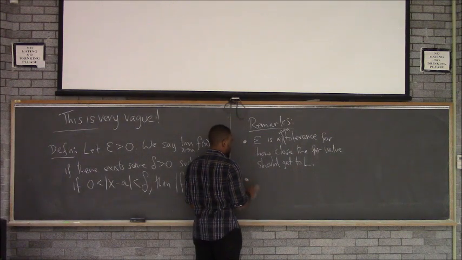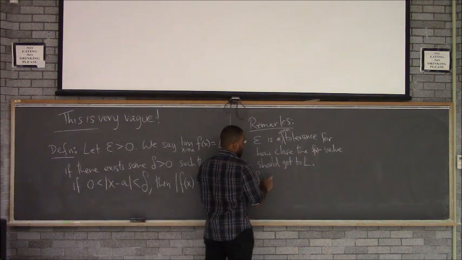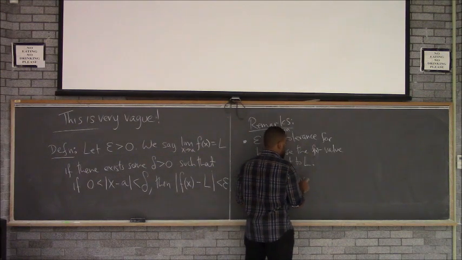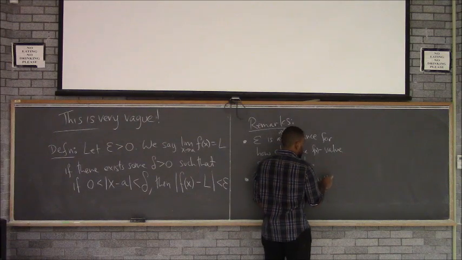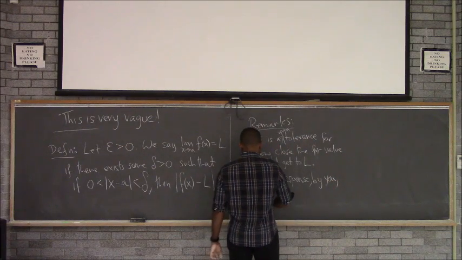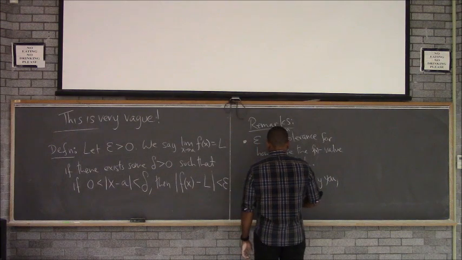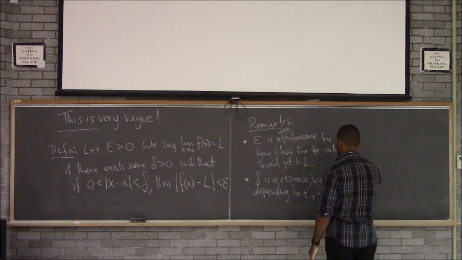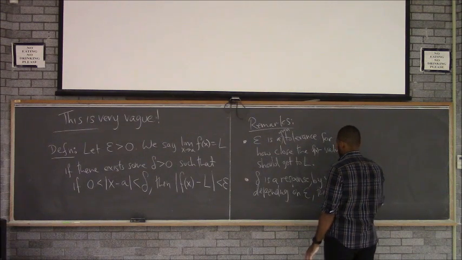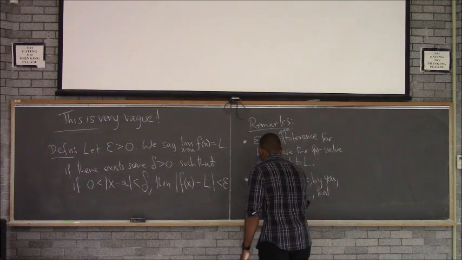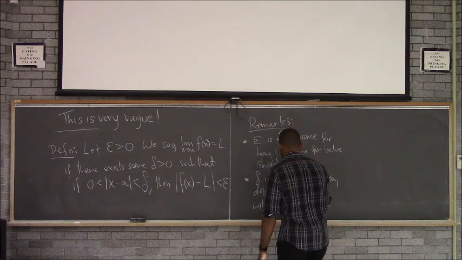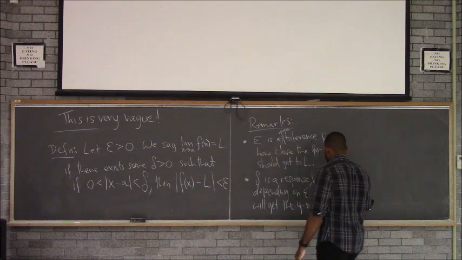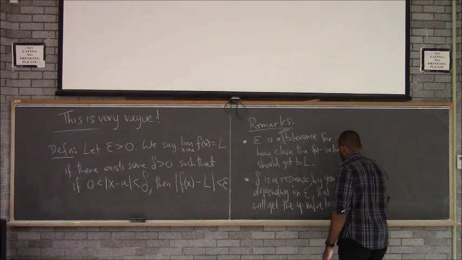The delta is a response by you, depending on epsilon, that will get the y value to achieve the above tolerance.